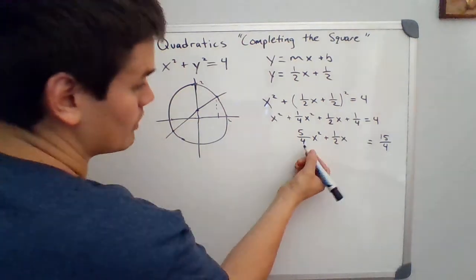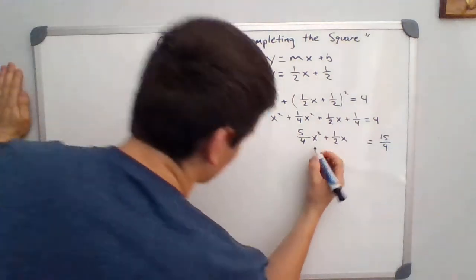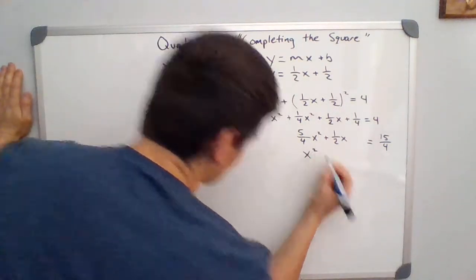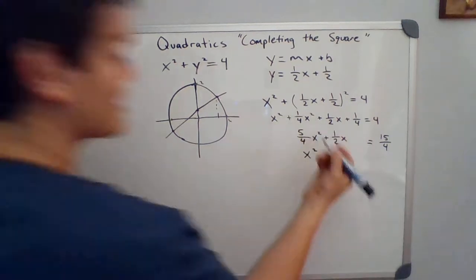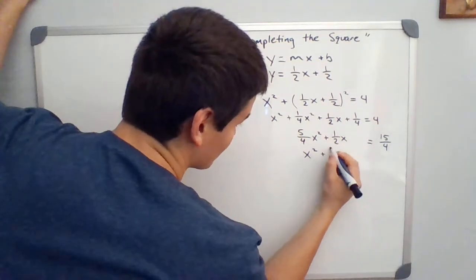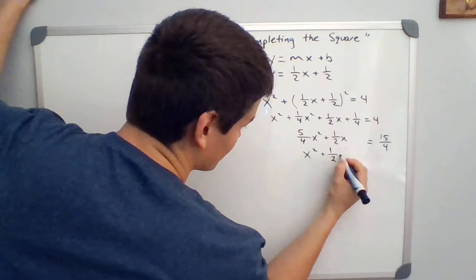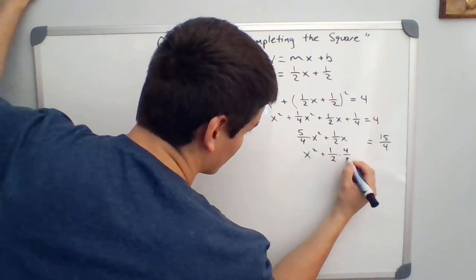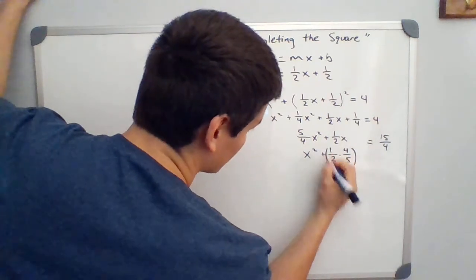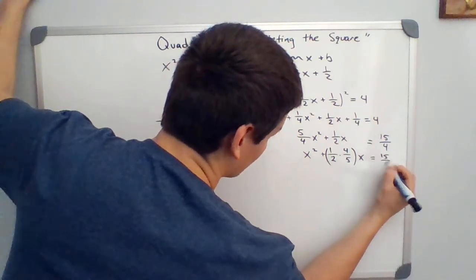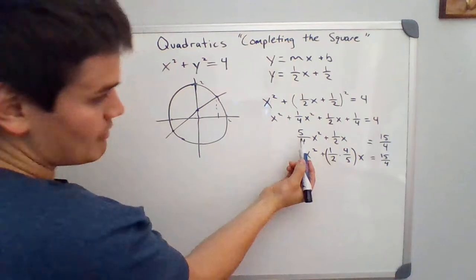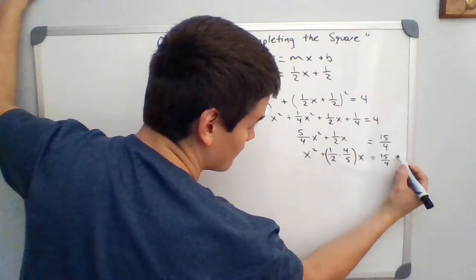Alright, from here I want to divide everything by 5/4. Maybe this is kind of a complicated example, but if I'm dividing by 5/4, I'm actually multiplying by 4/5. So I can just do that, and that's 15/4, but remember, I'm dividing by 5/4, so I'm multiplying by 4/5.